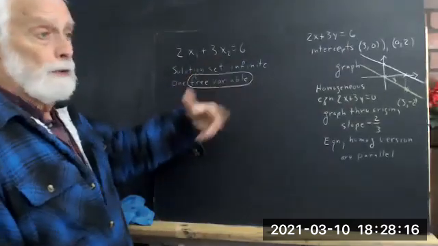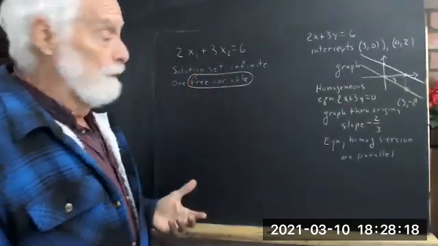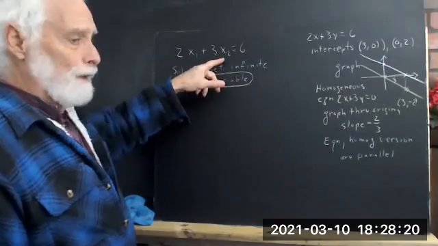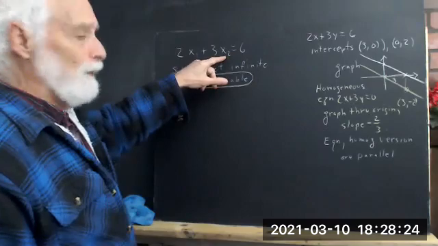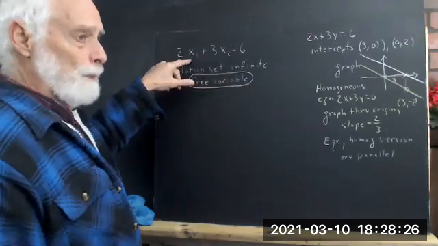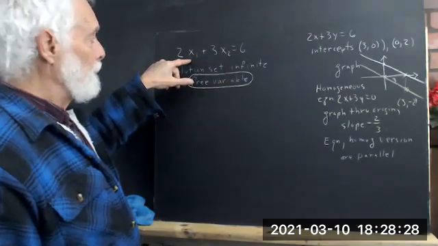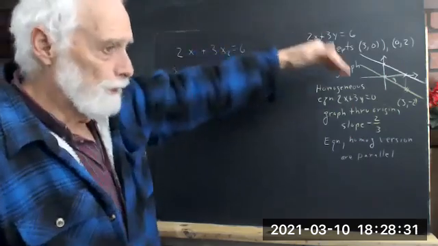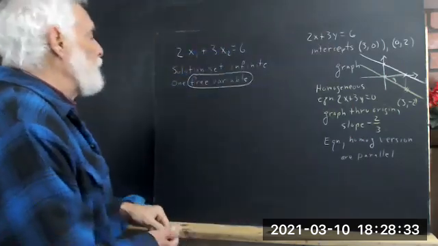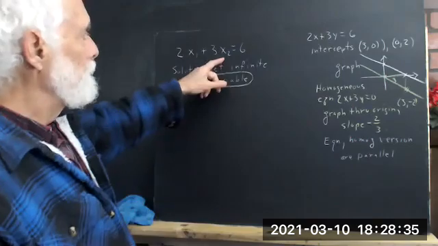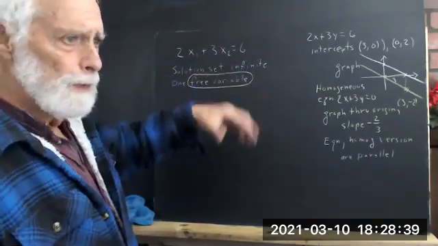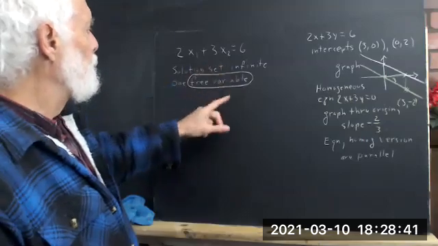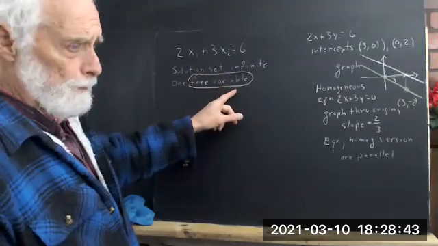Similarly, you could let x2 take any value, okay? And let x2 take all possible values of real numbers, and each value of x2 is going to imply a value of x1. And when you do all that, you're going to get the same line. Okay, when we let x2 vary over all real numbers, then we're going to call x2 a free variable.